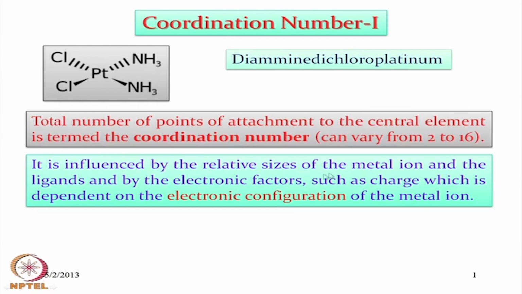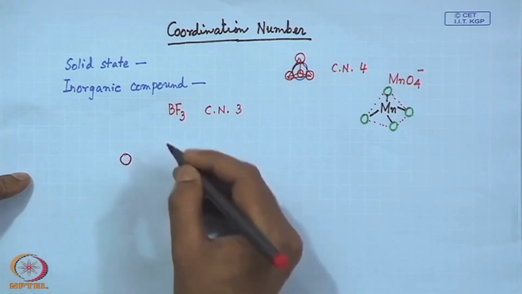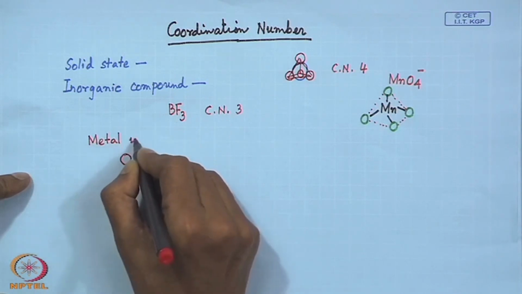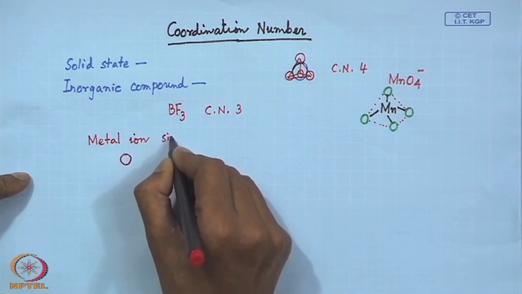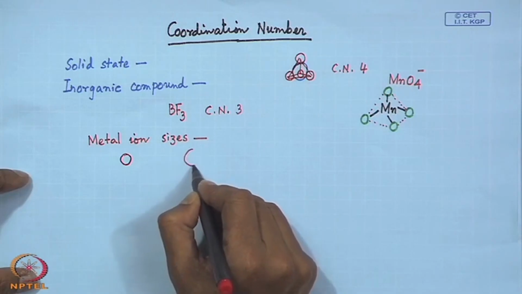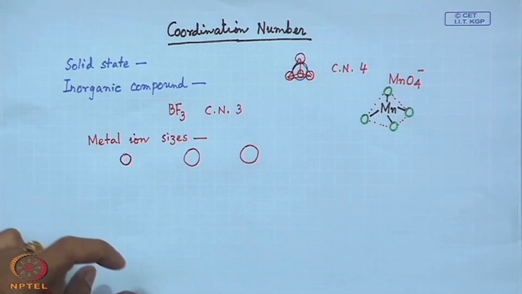So, the relative size of the metal ions and ligands are the determining factors, and the relative size of these ligands and metal ions will serve the purpose of choosing the coordination number. So, if we have a small metal ion, that means the metal ion sizes are important, and we can have relatively bigger and bigger ones.